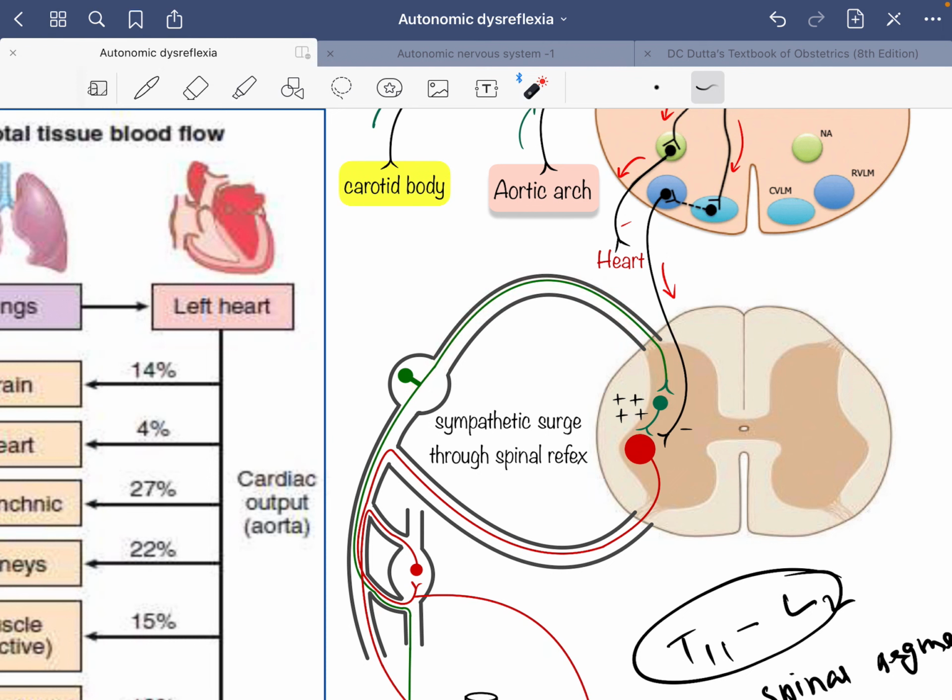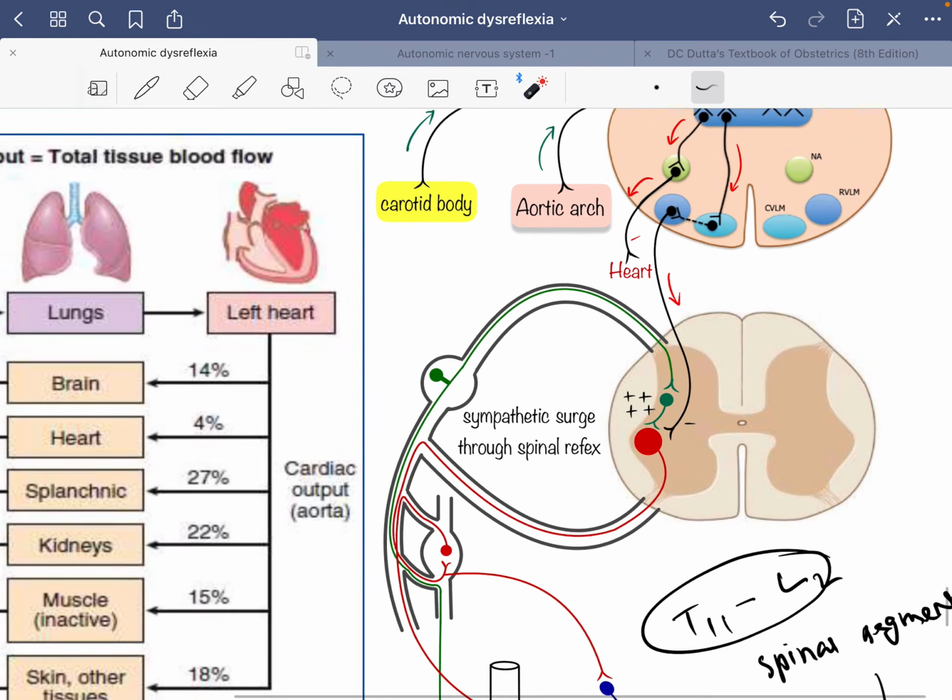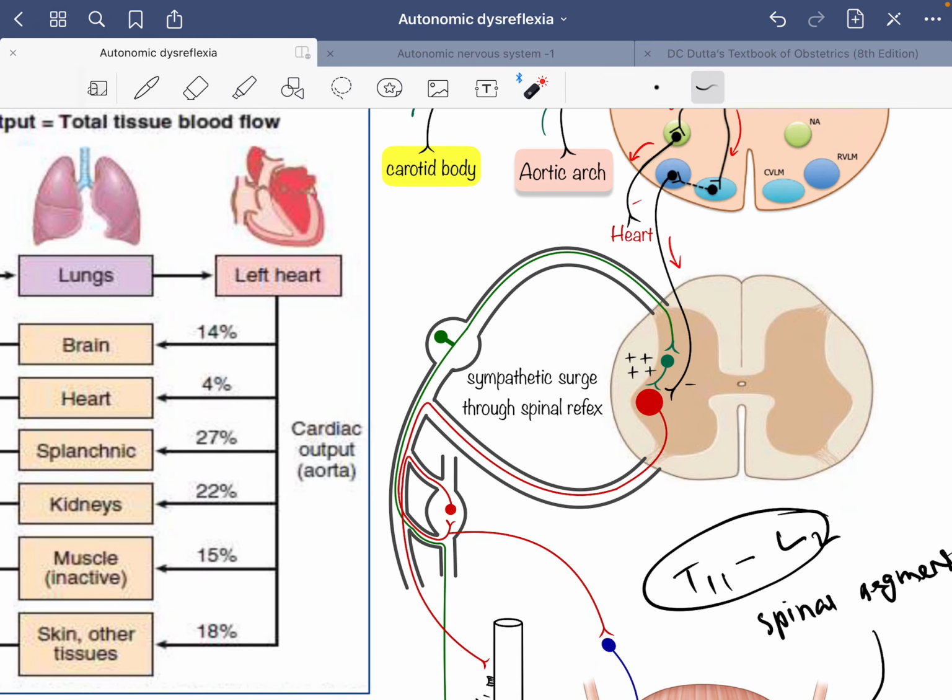Remember, this signal is carried directly into the spinal cord, where it supplies the interneuron. Then this interneuron will stimulate the lateral horn cell, that means the sympathetic preganglionic neuron. So here we can see that this is actually a reflex arc.